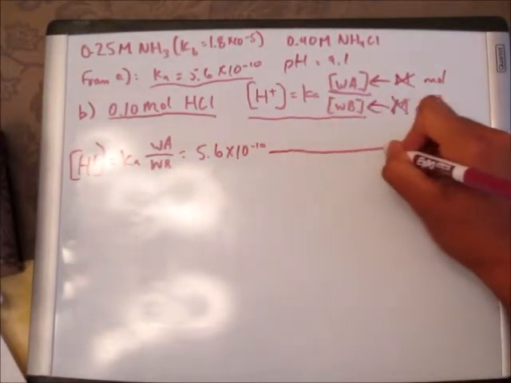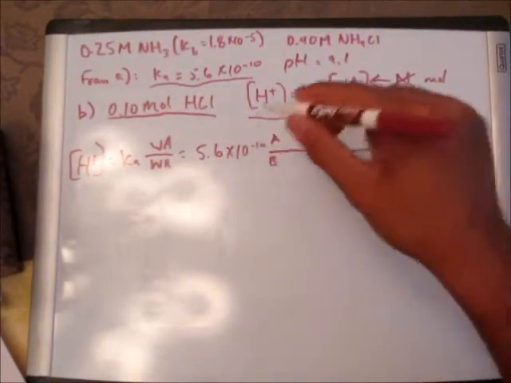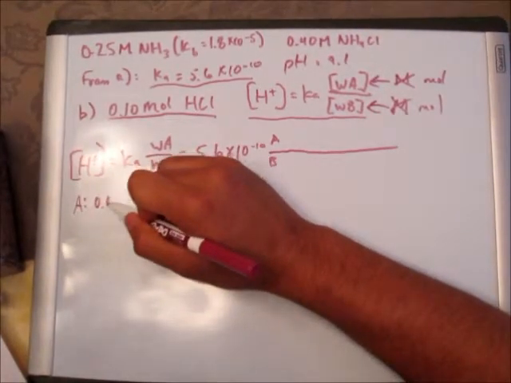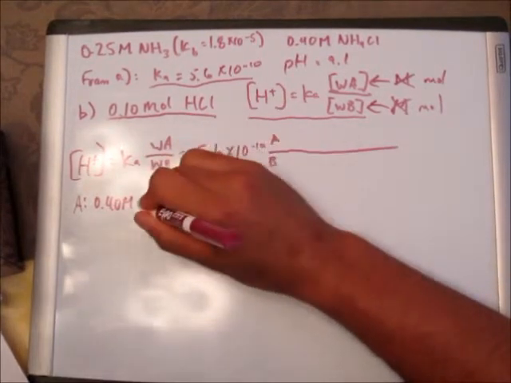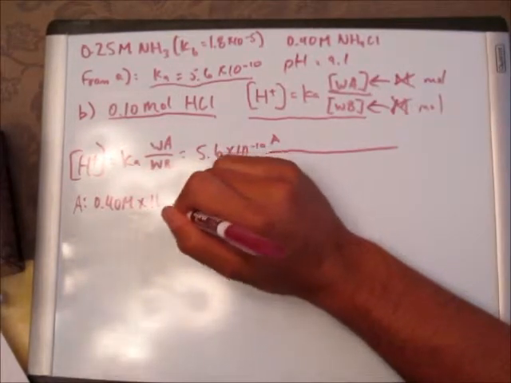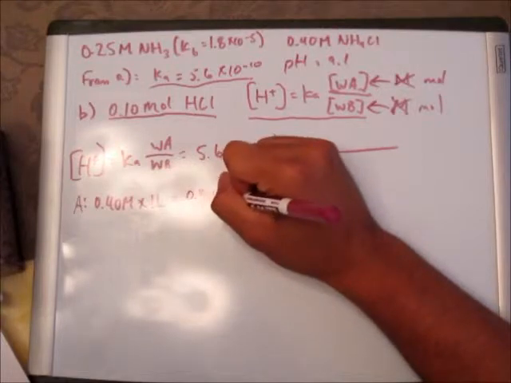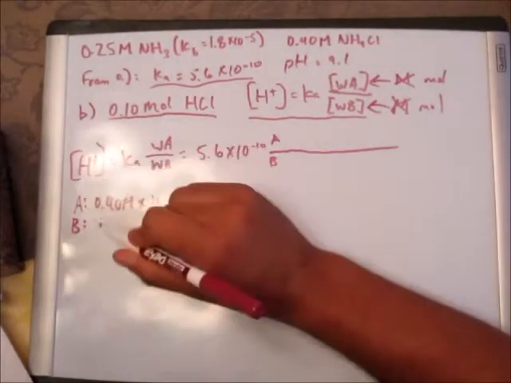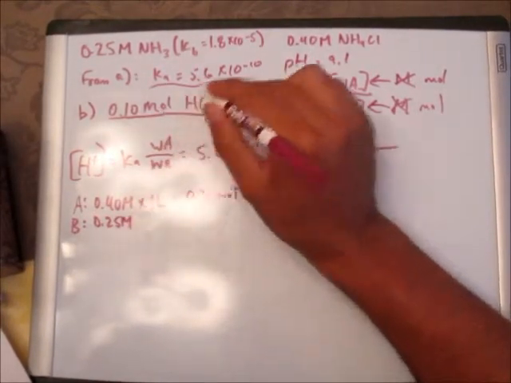For the acid we have 0.40 molarity times 1 liter, which is given in the problem, which is equal to 0.40 moles of acid present. And for the base, we have a 0.25 molar solution, and we have 1 liter of that as well, so we have 0.25 moles of base.